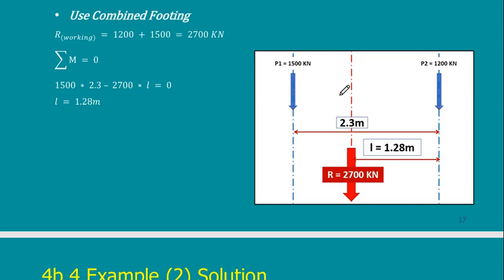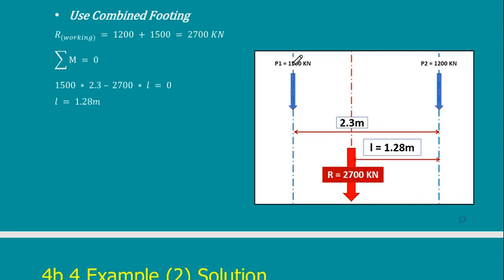It means that this moment multiplied by this arm is equal to the resultant, but I will put the resultant in the opposite direction, because it is not the resultant that I'm using, it is the reaction of the soil to both columns. So the reaction of the soil will be in the opposite direction.